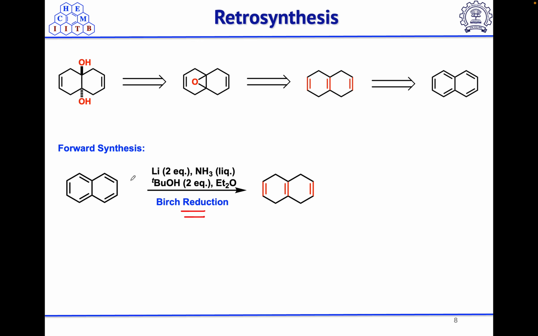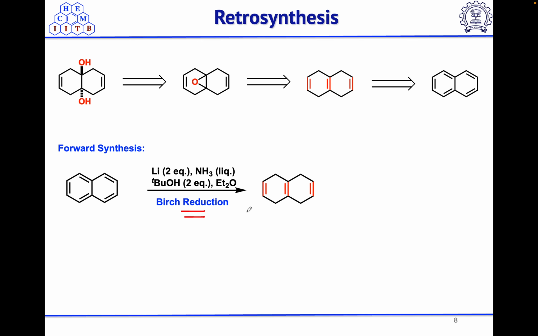We have to use more than two equivalents because two aromatic rings are there, to complete this conversion. So first lithium in liquid ammonia, tertiary butanol and diethyl ether. Single electron mediated Birch reduction will give this triene.